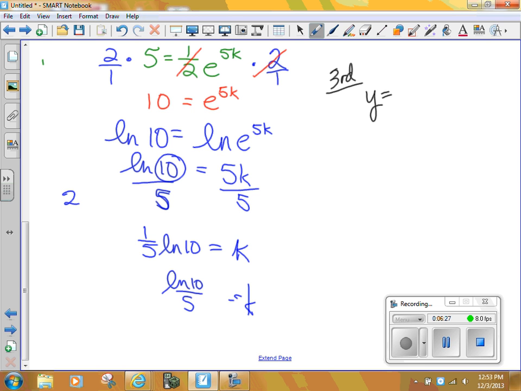We want to use our C value, which was 1/2, e to the k, to the k value right there, times t.